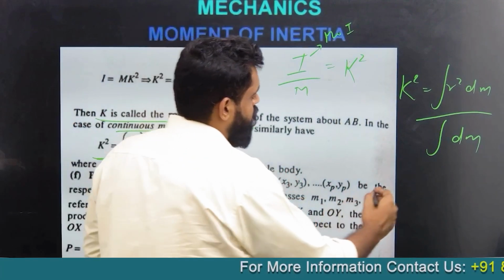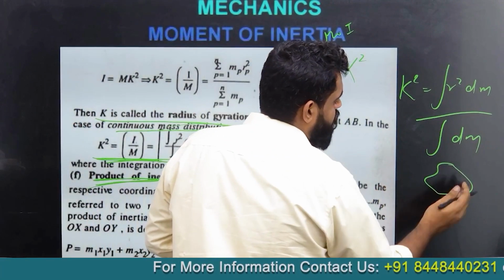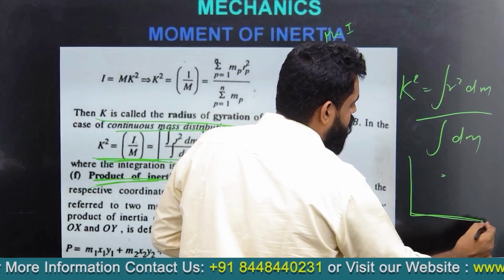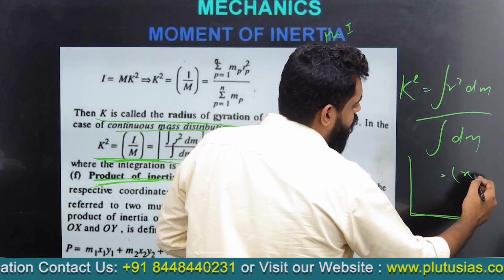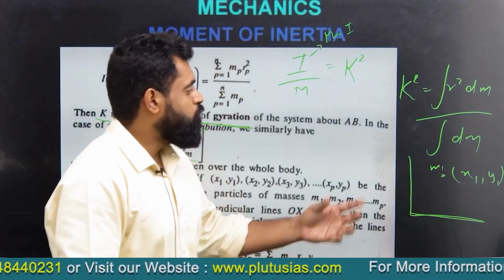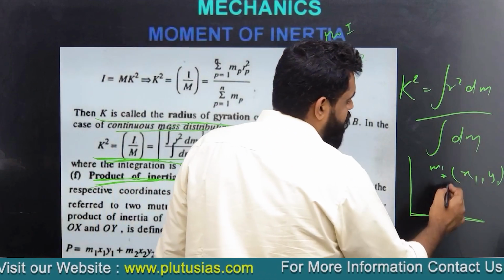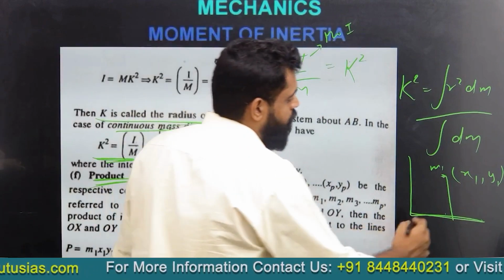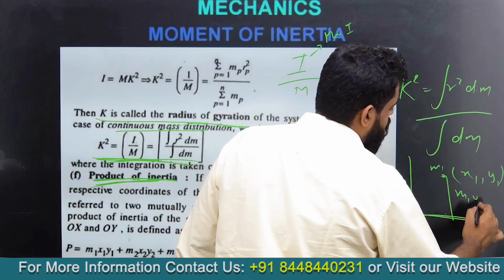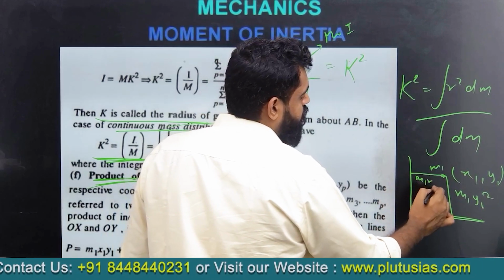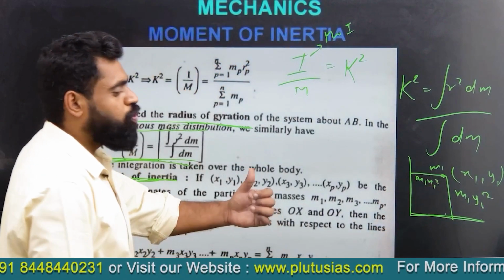Suppose this is a particle with coordinates x1 y1 and mass m1. So the moment of inertia about the x axis would be m1 y1 square, and for the y axis it would be m1 x1 square.